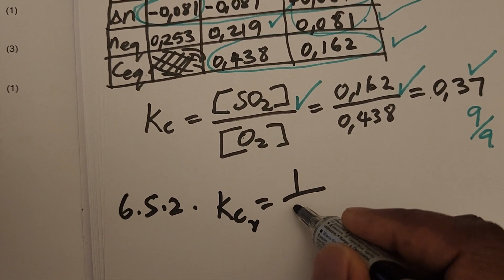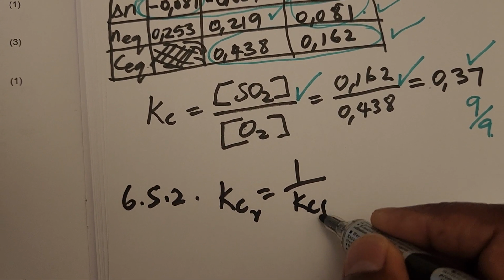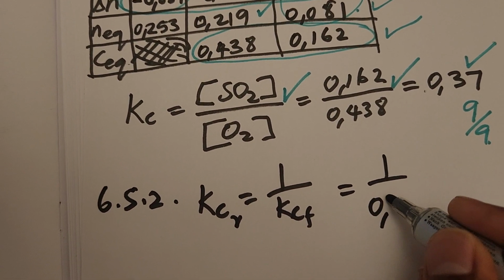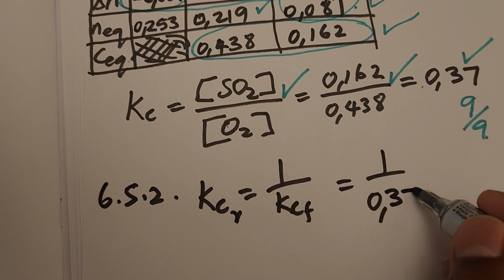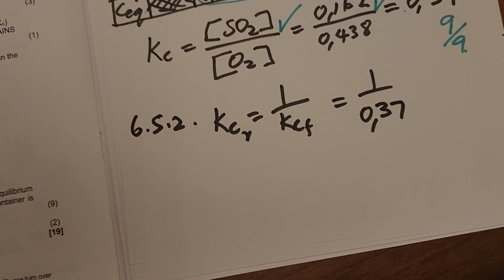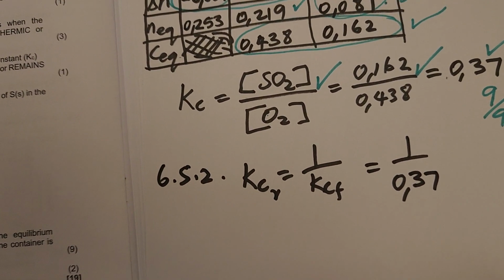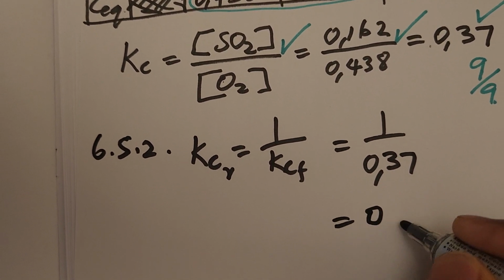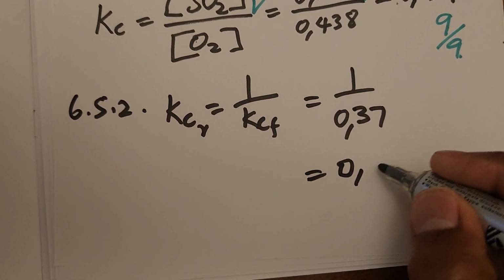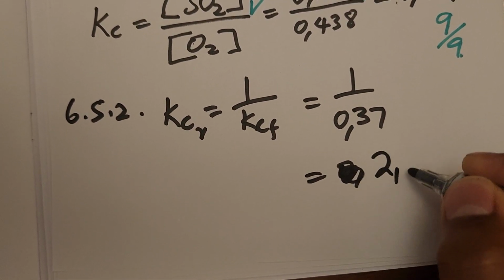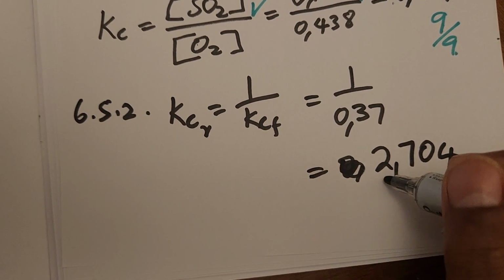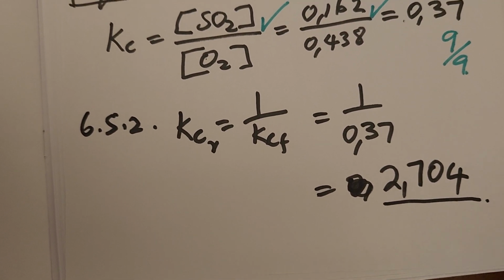If this is the reverse, it will be 1 over Kc for the forward, which is the same as 1 over 0.37, and then this will give us the answer, which is 2.704. That is the answer for 2 marks.